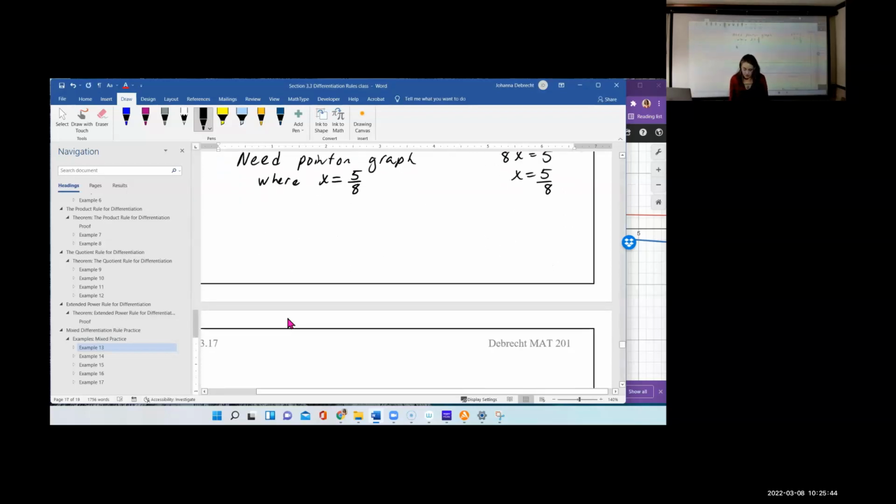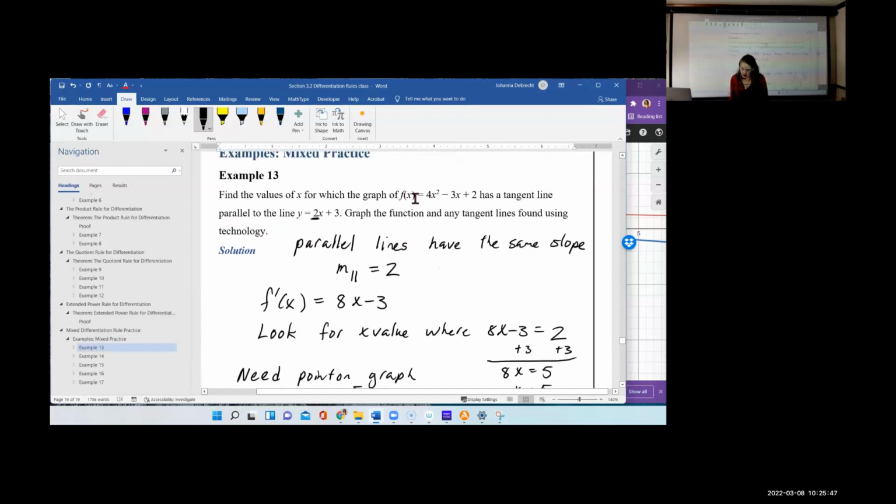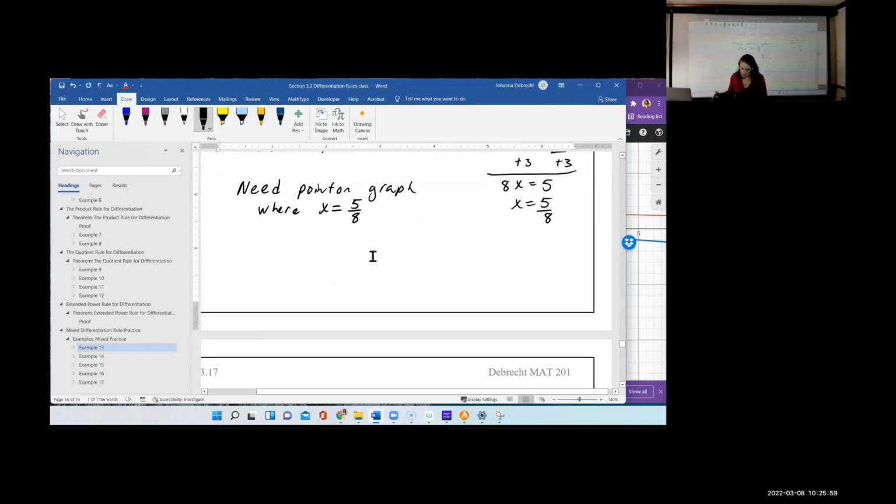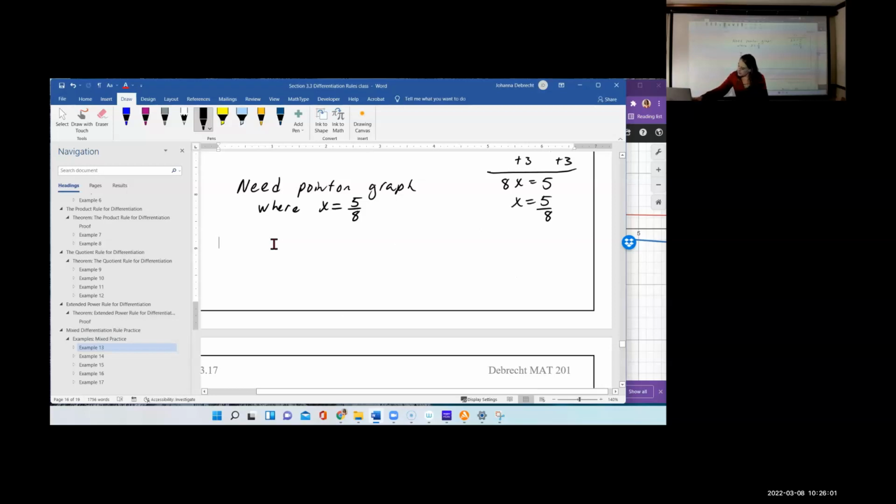So our function again was, copy that off, paste it down here.